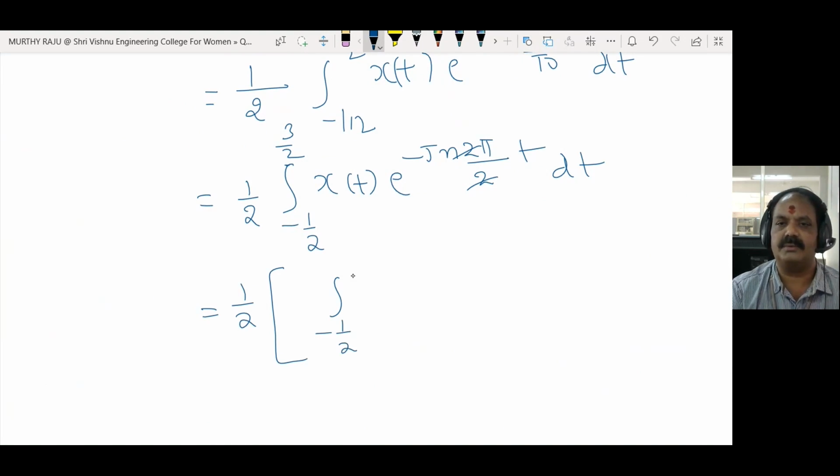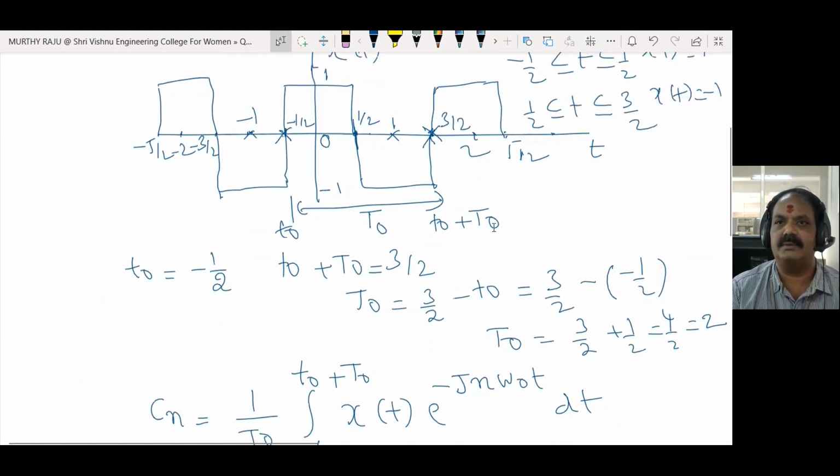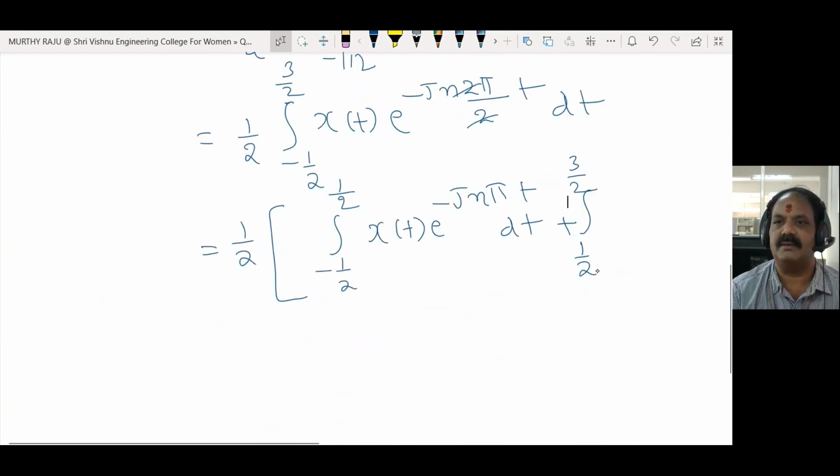Cn is equal to 1/2 times the integral from -1/2 to 1/2 of x of t e power minus j n pi t dt, plus the integral from 1/2 to 3/2 of x of t e power minus j n pi t dt.